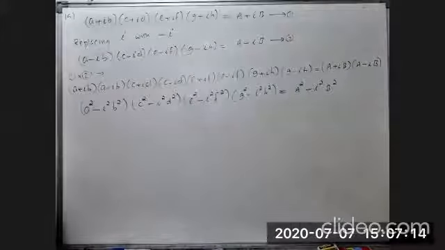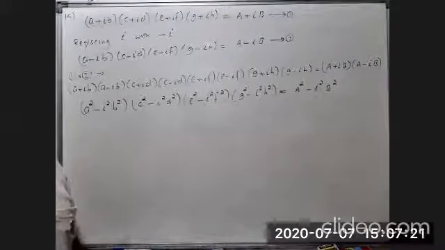Now we know the value of i square. i square is minus 1.